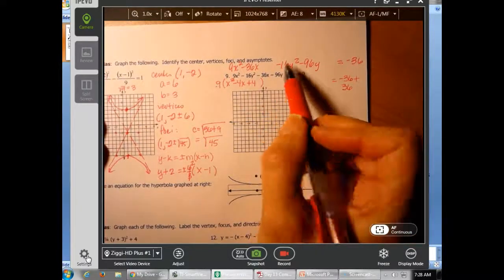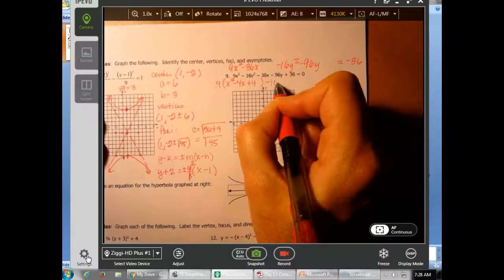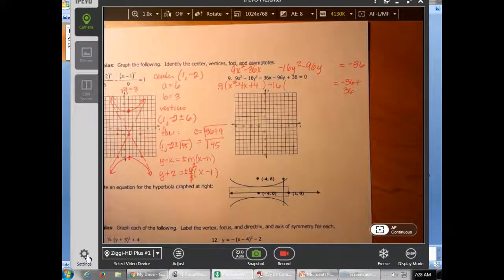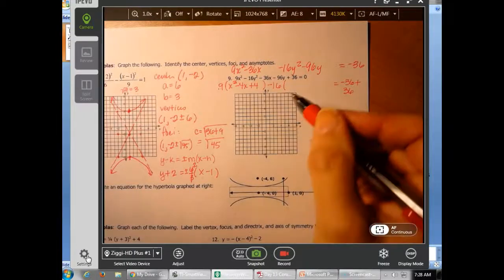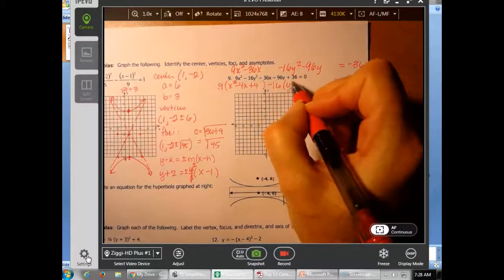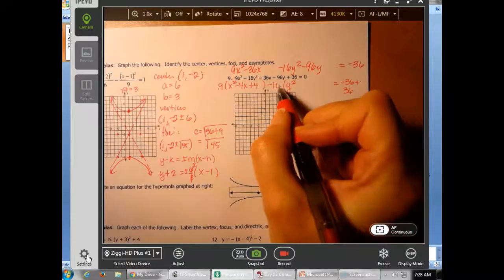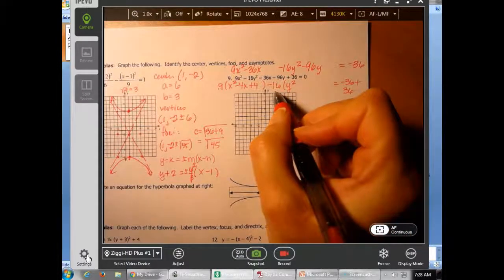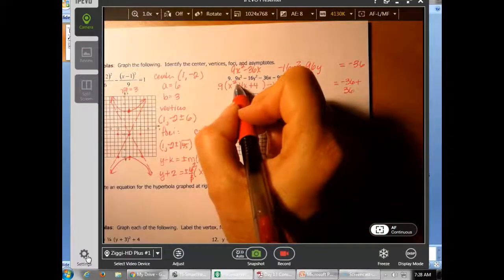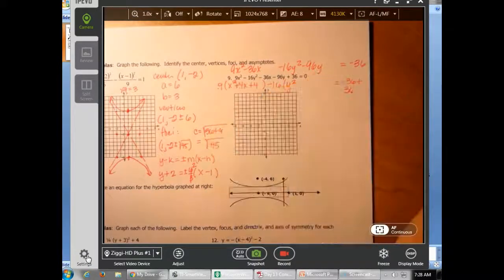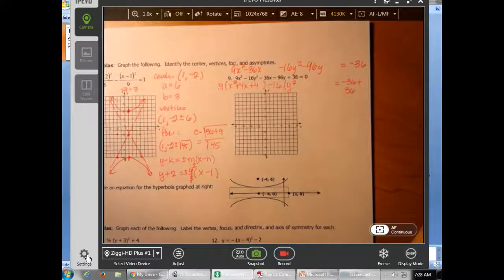Then continuing on, I'm going to pull out the negative 16, and that's going to leave me with a 6 inside the parentheses, so it would be y squared. Now, this sign is going to change. Look at the mistake I made right there.